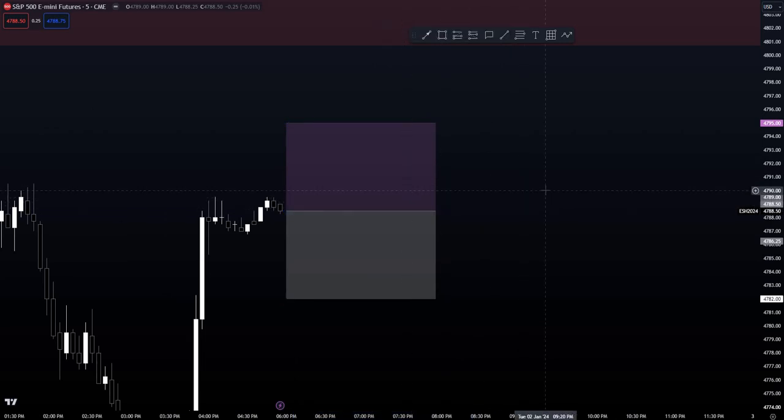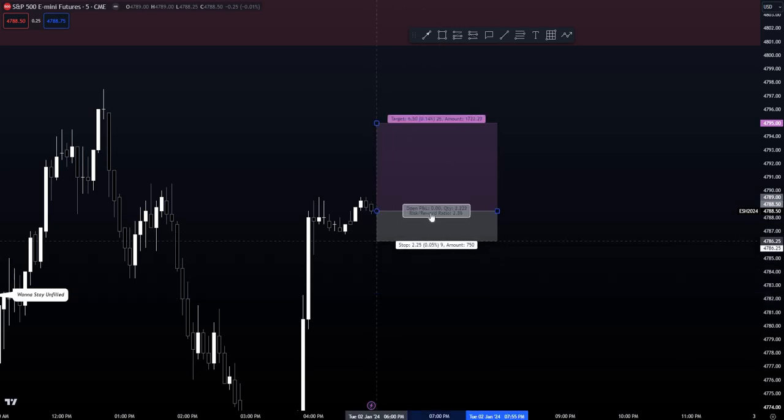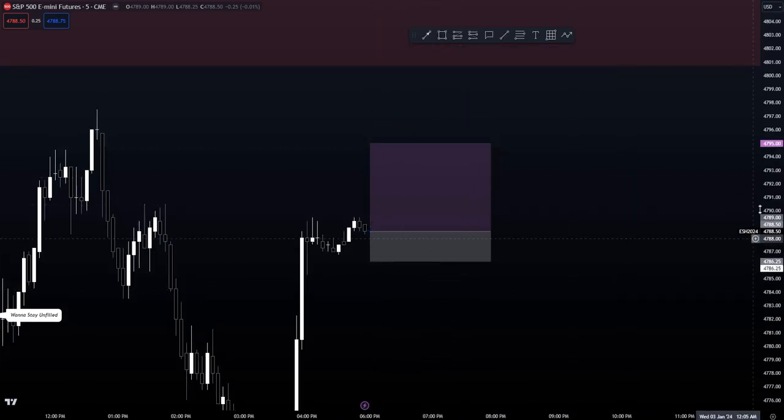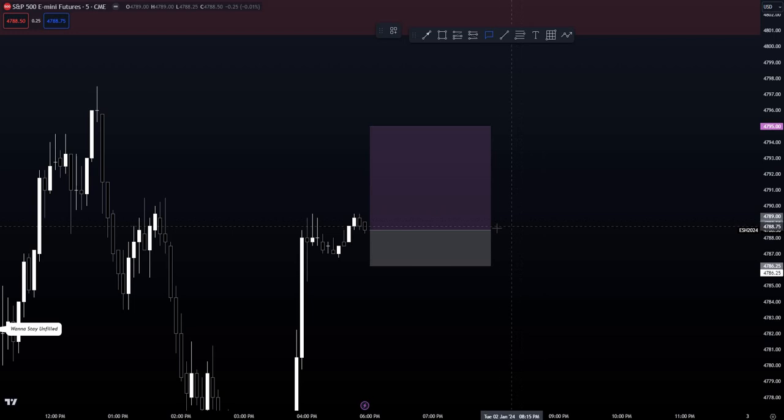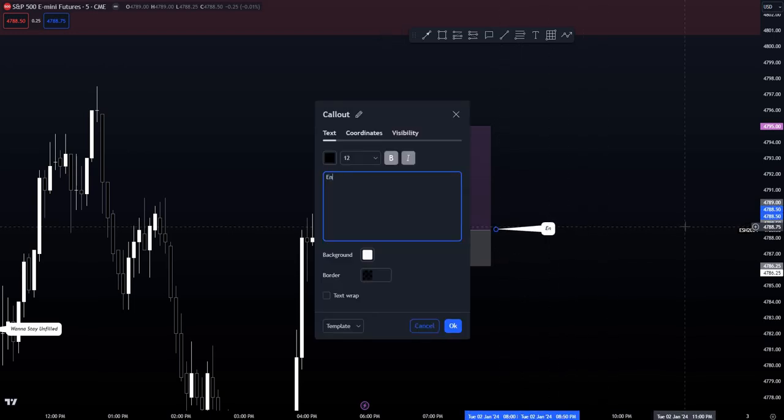So in this, you're going to have your entry, your stop loss, and your take profit. Your entry can be one of 2 entries, and I would advise you to use these 2 entries only.